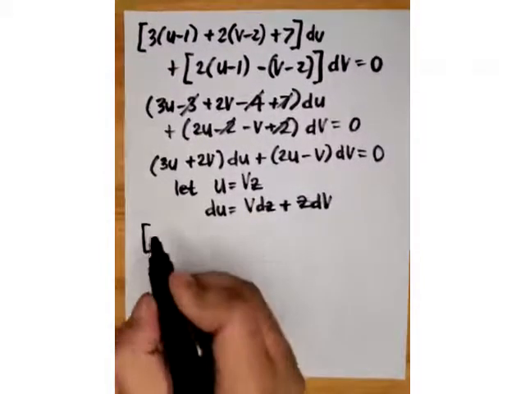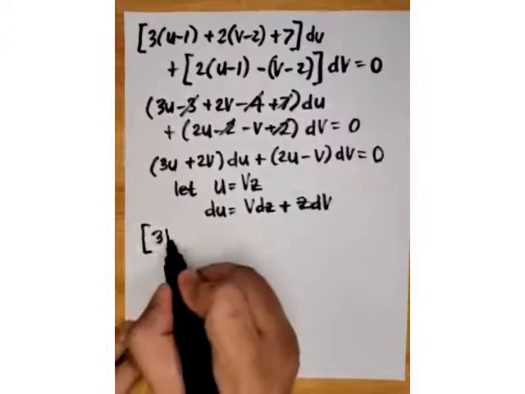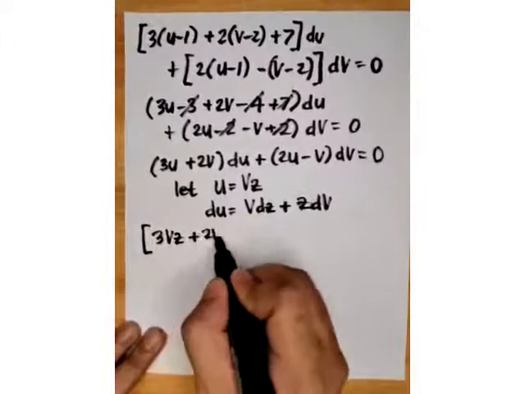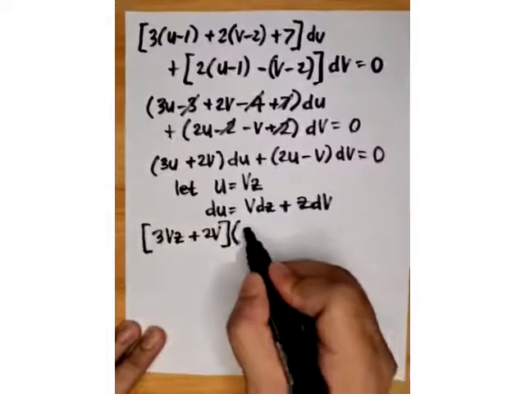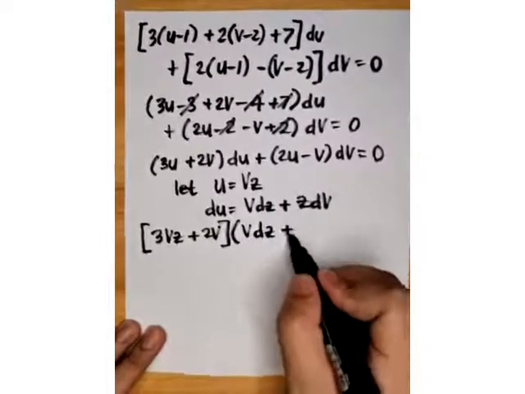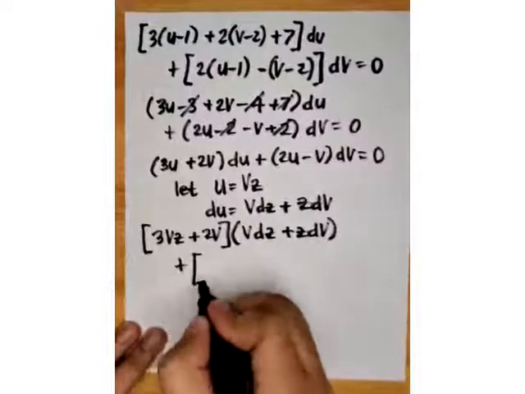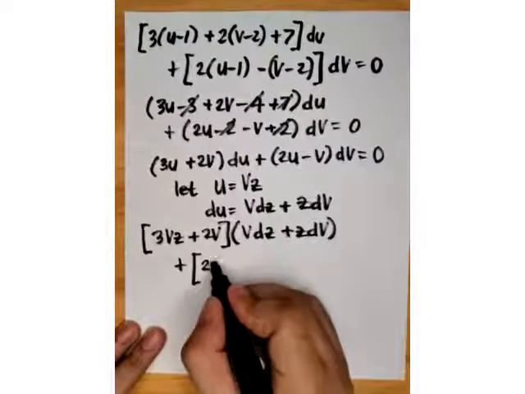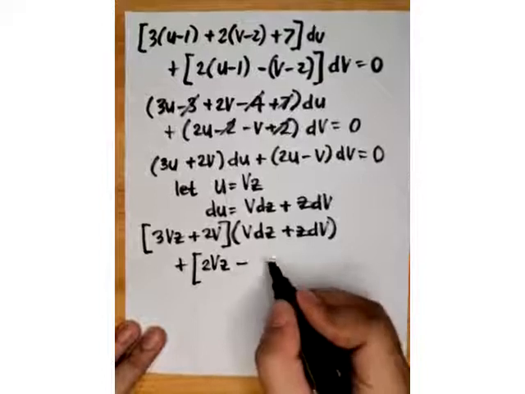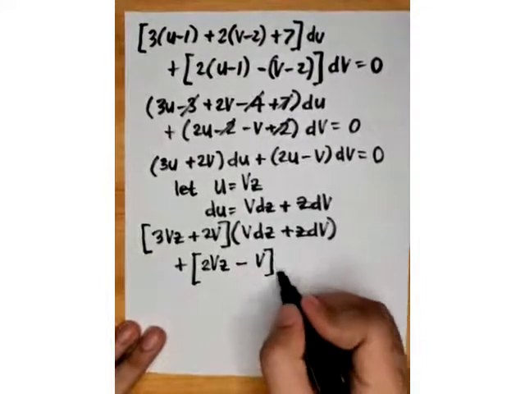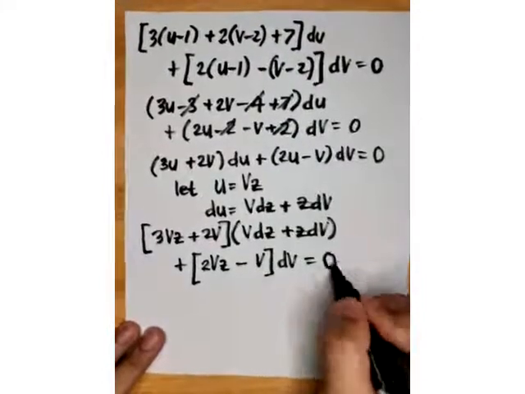So we'll have 3vz plus 2v times v dz plus z dv plus quantity 2vz minus v dv is equal to 0.